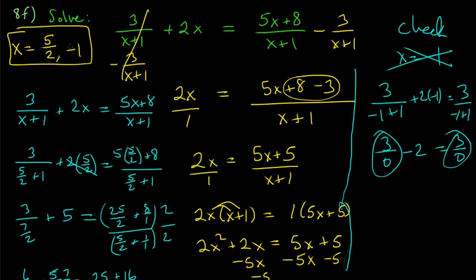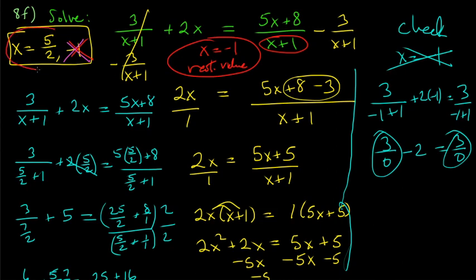So here's where you have to be careful. You have to cross out the negative 1. Had I done this correctly, we should have noticed that negative 1 is a restricted value, so we could have gotten rid of it right away. It turns out there's only one solution to this equation.